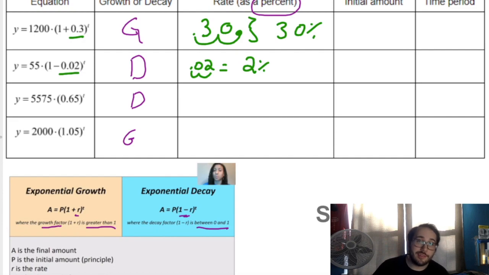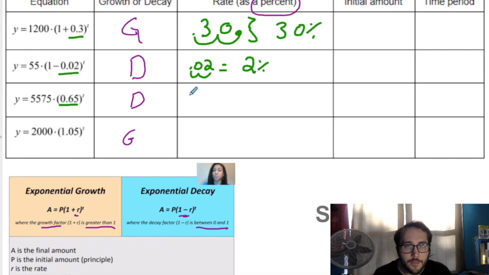Now the next one is a little different. Our rate is not really here. That's the growth factor. But remember, we can figure out what the rate is. We know that this is the decay. This is exponential decay. We know that for exponential decay, the growth factor is 1 minus R. And that should equal 0.65.